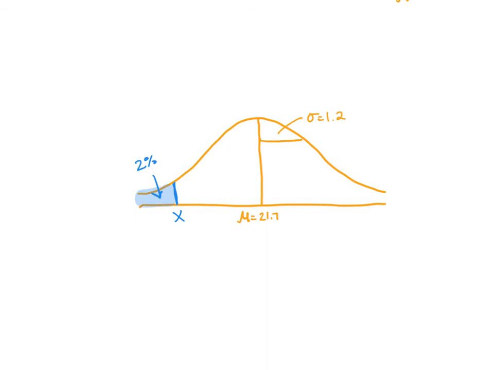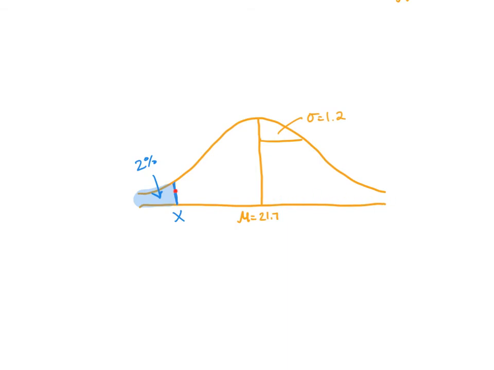That means that if my battery doesn't last this long, whatever this value is, they'll refund my money. But if my battery lasts 20 hours, I'm probably not going to get a refund, right? Because 20 is probably closer up into like this area. If my battery lasts more than on average, I'm definitely not going to get my money back, right?